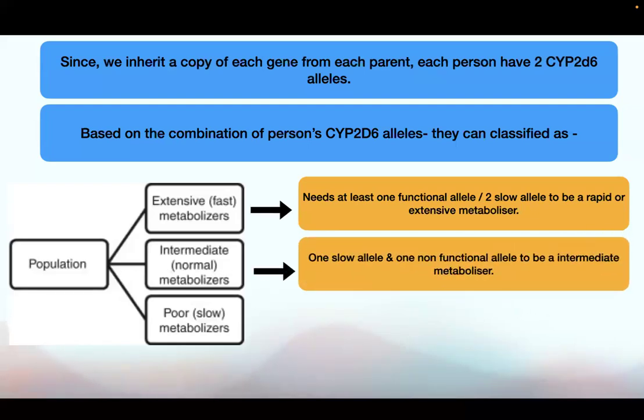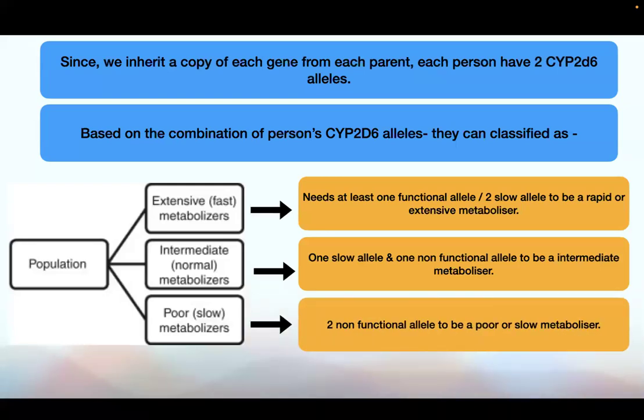When it comes to intermediate, it is one slow allele and one non functional allele. So if a slow allele has come from one parent and a non functional allele from the other, then you will have the category of intermediate metabolizer. And as its name suggests, two non-functional alleles make a poor or slow metabolizer. 99% of the population can be classified under these three categories: extensive, intermediate, and poor.